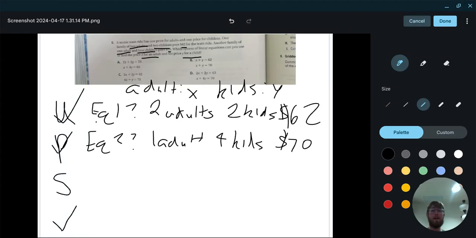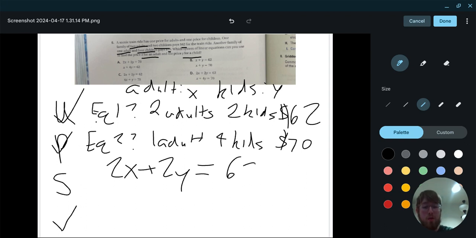So we know we're going to add these, and this would be part of our solving step. I forgot to say that. So we know 2x, that's our 2 adults, since x is for adults, plus our 2y, that's our 2 kids, equals $62, because that's what they pay. And then for our second family, they have 1 adult, so that's just x.